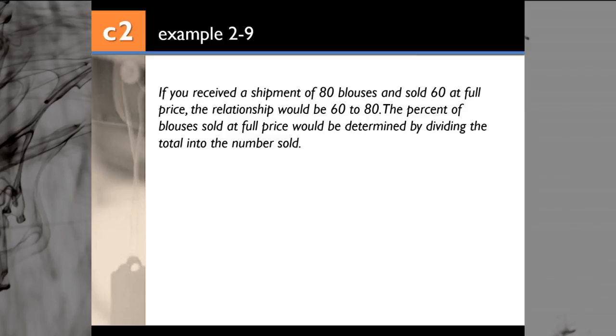The percent of blouses sold at full price is determined by dividing the number sold by the total, so you put 60 on top and 80 as the total at the bottom. 60 divided by 80 is 0.75. To express that as a percentage, you multiply by 100, so 75% of the blouses were sold.